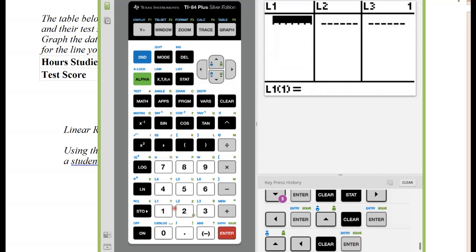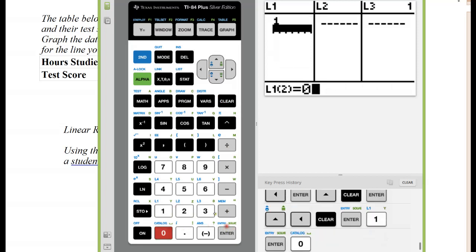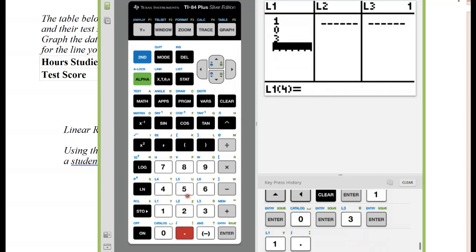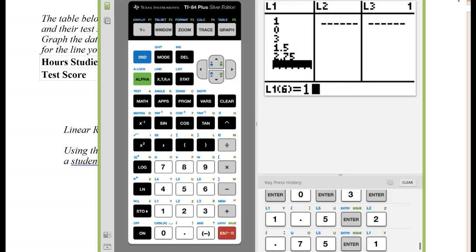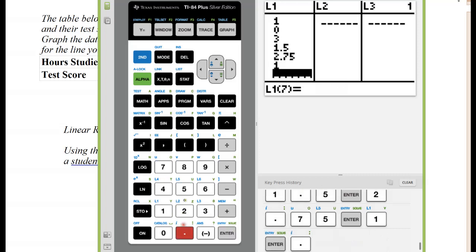So hours studied was 1, 3, 1.5, 2.75, 1.5, and 2.